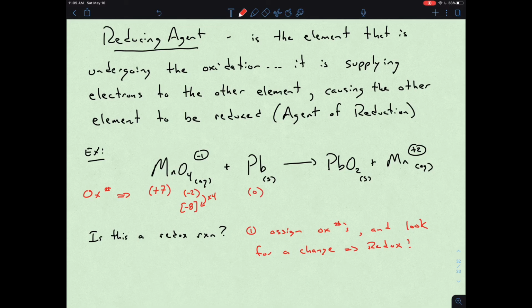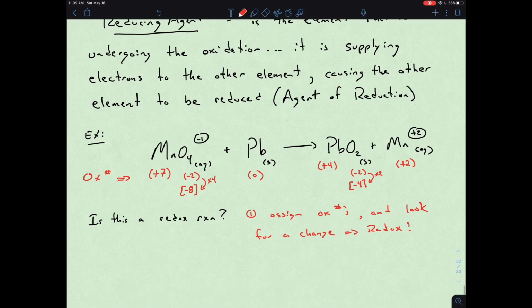If we go to the products, we have our lead oxide with our oxygens having a total of -4. So that means our lead must be in the +4 oxidation state. And if we look at the last one, manganese, it's monoatomic. It has a charge of +2. And so that's its oxidation state.